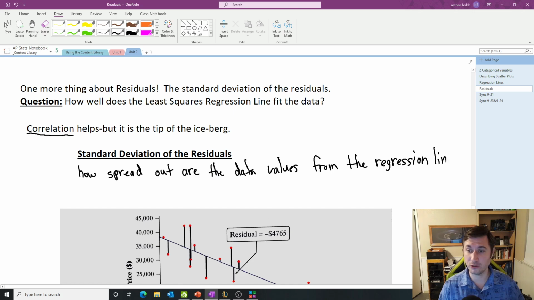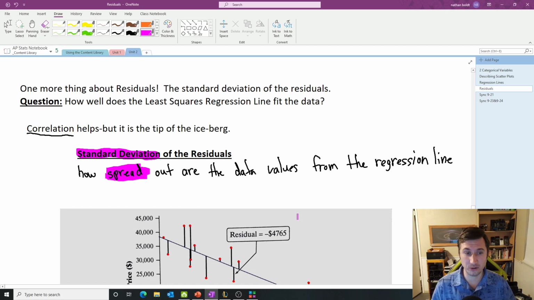If they're very close to the regression line, they won't be spread out, and it'll be a very good measure. If the data values are really spread out away from the regression line, your regression line isn't as good. Remember, standard deviation is a measure of spread, and that's how I want you to think about this. How spread out from the regression line are we?